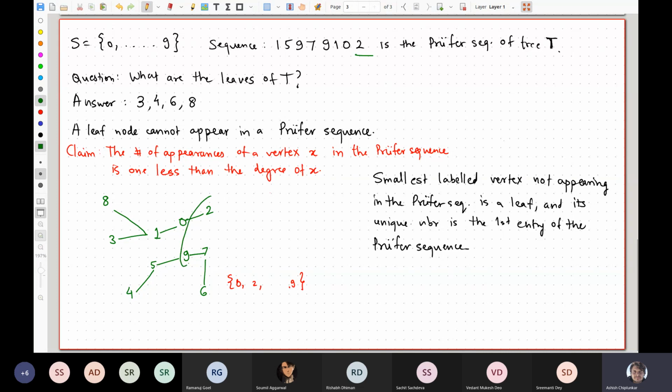And now this is your remaining tree, everything inside the red curve, and its vertex set is obviously 9 and 2. And its prefer sequence is empty, which means it must just be a single edge. Right, so this is your tree.